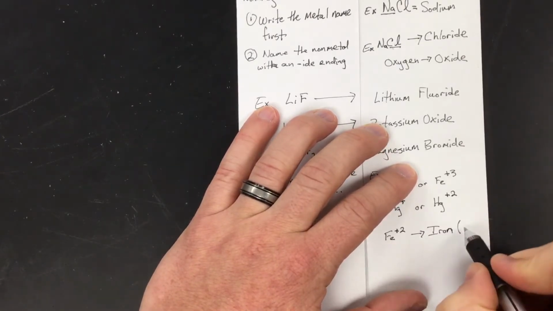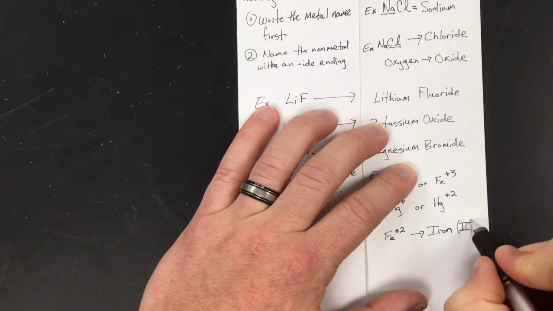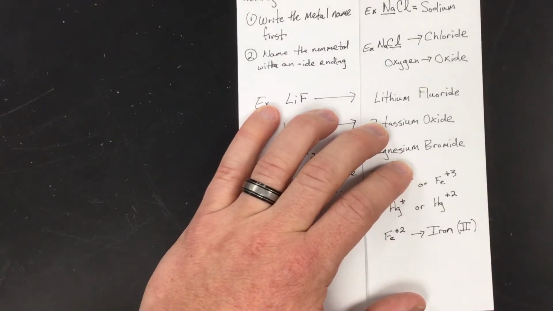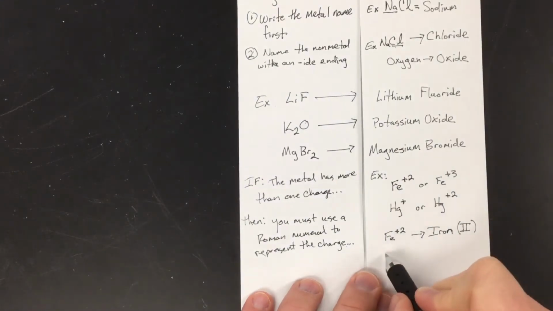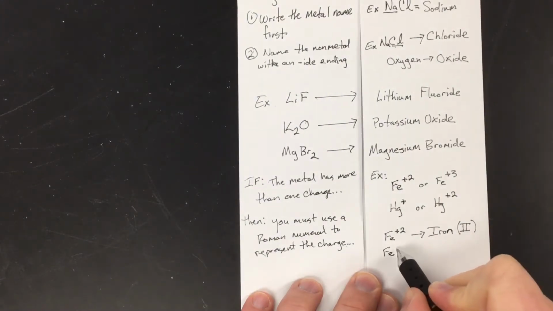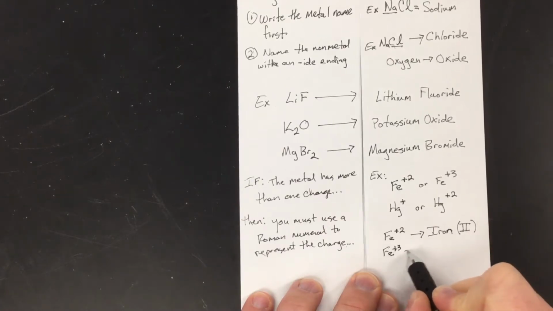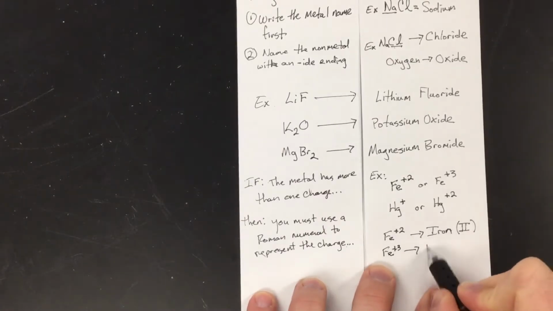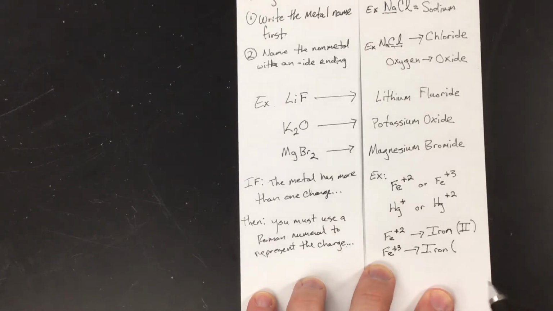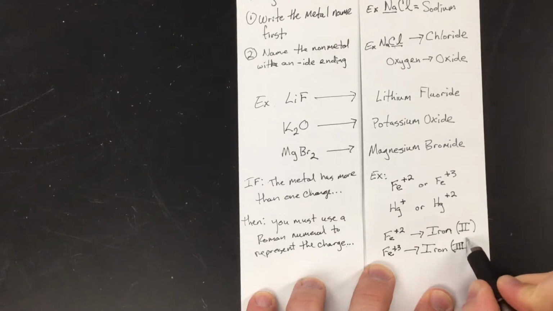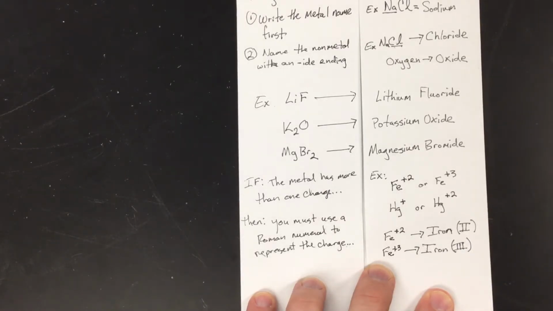We'll put in parentheses, and a Roman numeral for 2 looks just like that. It'll be iron 2. That will let us know that it's iron 2 we're dealing with. Okay? If by chance we're ever dealing with iron +3, rule number 1 still applies. We write iron unchanged, but then we would put a Roman numeral 3 in the name to represent iron 3.